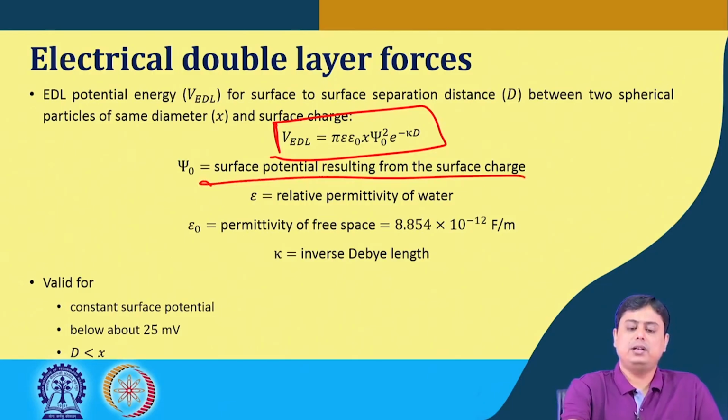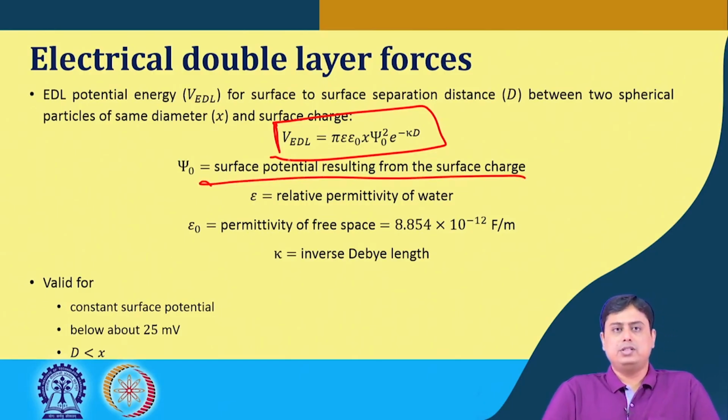The potential energy for the electrical double layer is related to the surface potential, which means we have to measure the surface potential as well in order to get its magnitude.